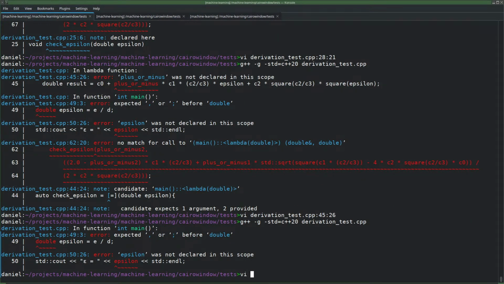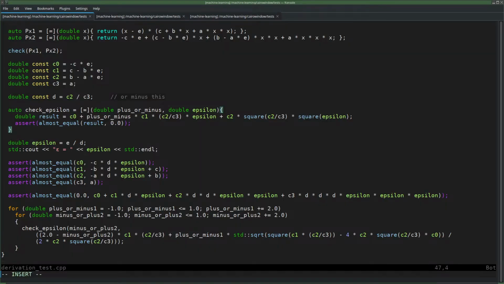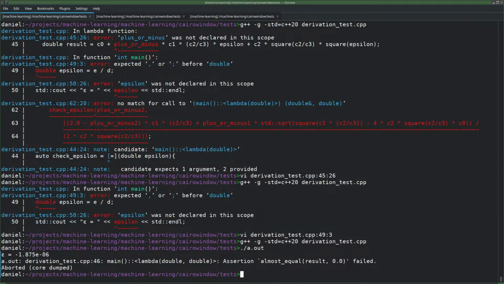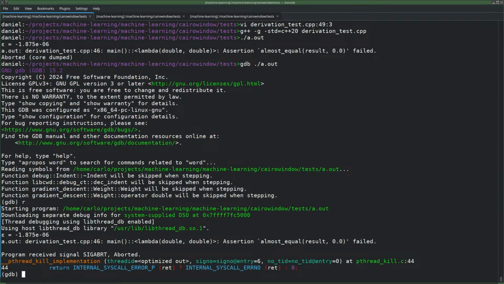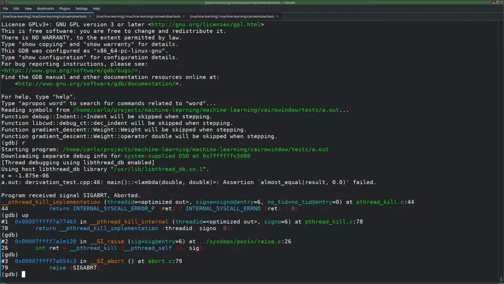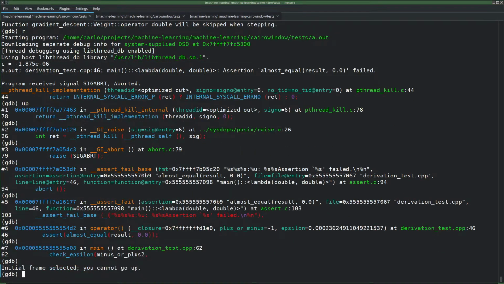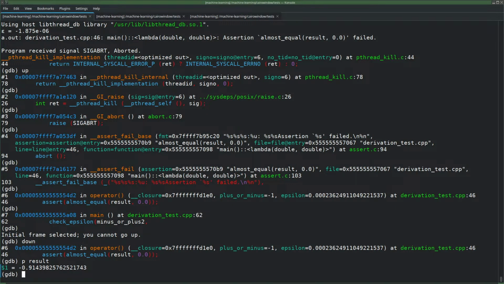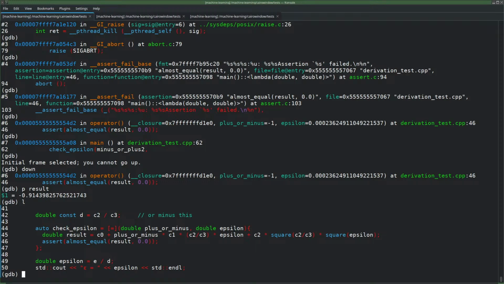Missing semicolon. That's not 0. Definitely not 0.